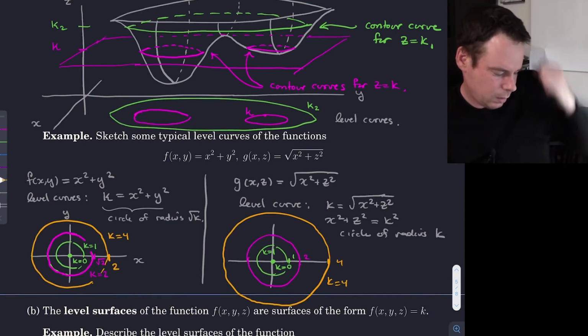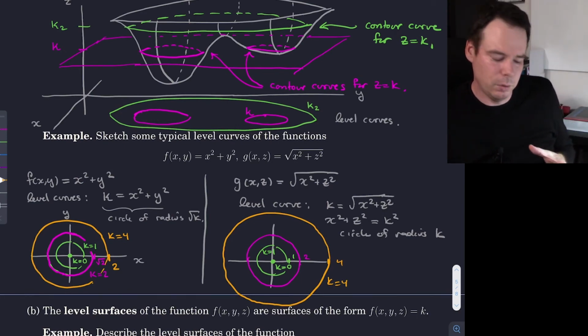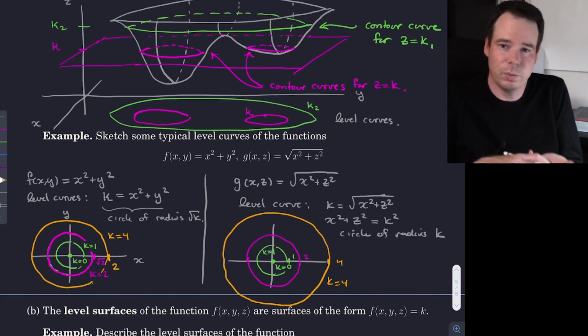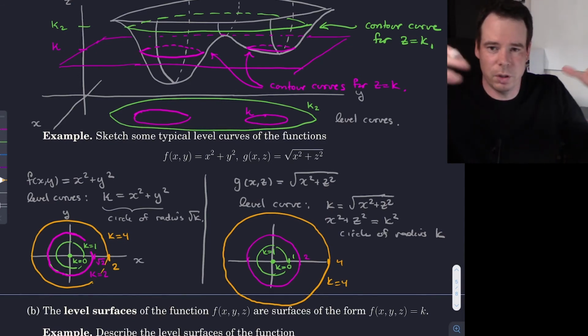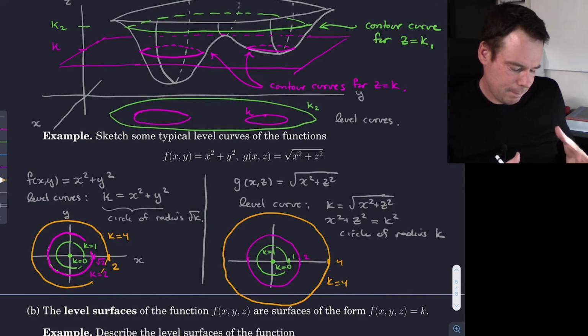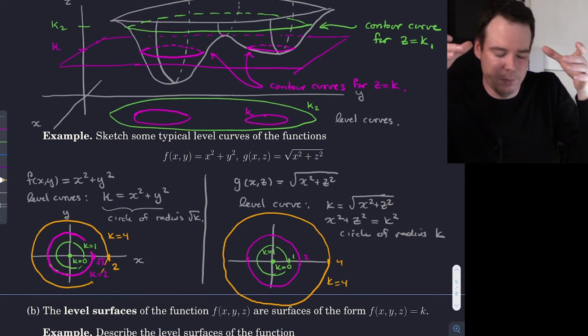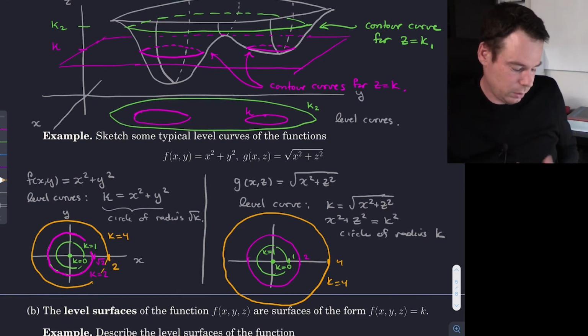Okay, so the idea is that the k value is, again, where this circle is really going to sit as a contour curve, as a cross-section. So k equals 4 would be sitting at a height of z equals 4, but it's a really big circle, a circle of radius 4, whereas in the other diagram it was a circle of radius 2.